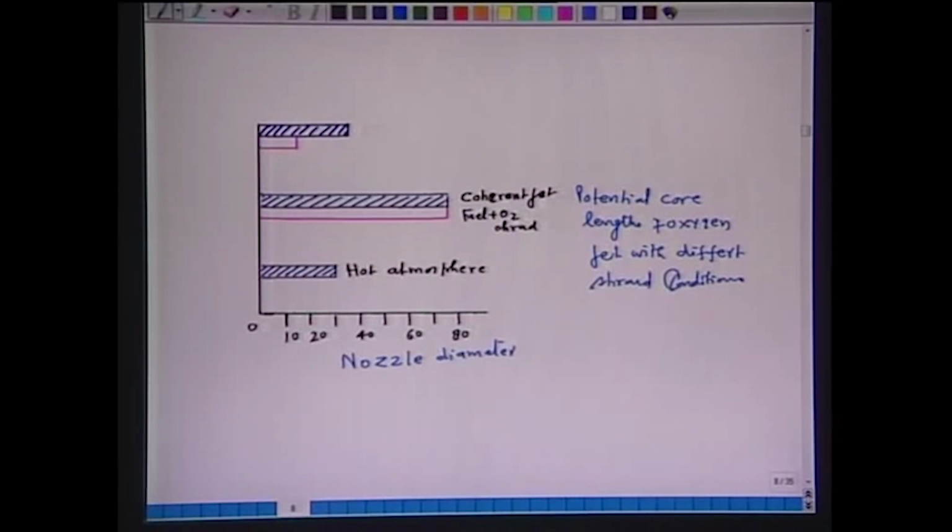Now, again say this is a supersonic jet, this is a supersonic jet with no shroud. So, what is being illustrated over here is that a jet surrounded by the flame, that is called the cojet.